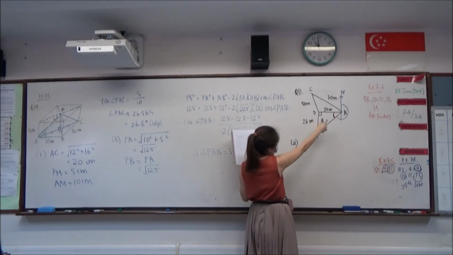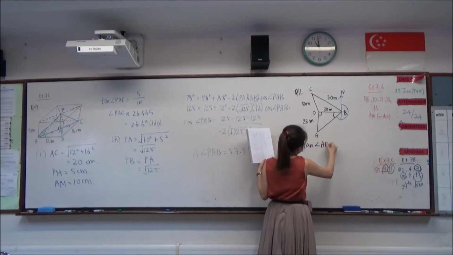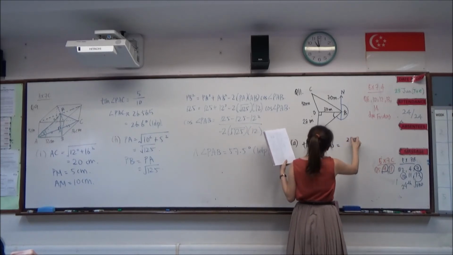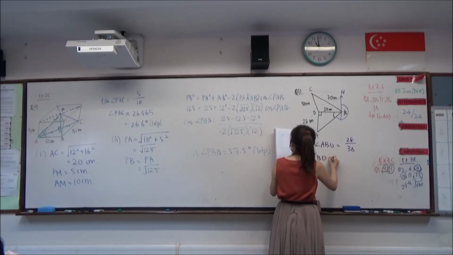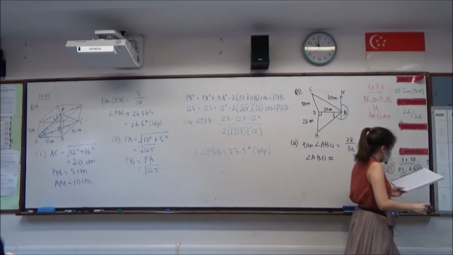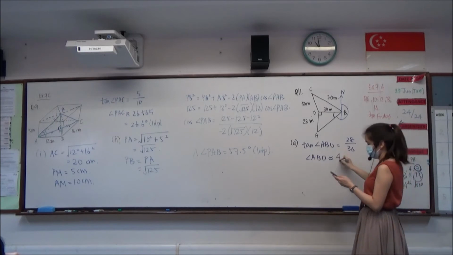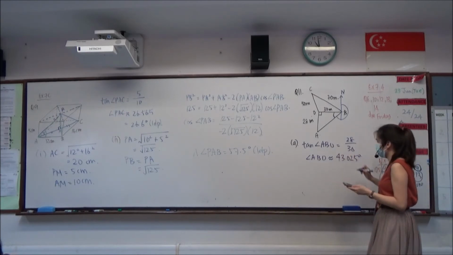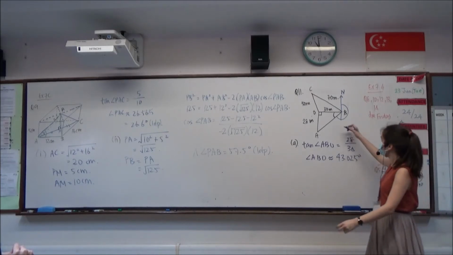Since triangle ABO is a right angle triangle, we can use tangent. That will be tangent inverse of 28 divided by 30, and we get 43.025 degrees. Then next, we find the angle here.